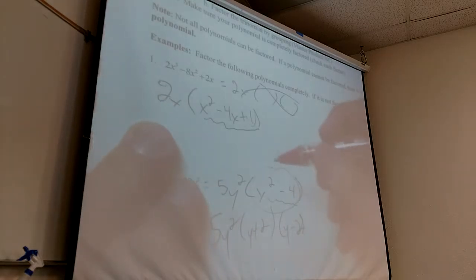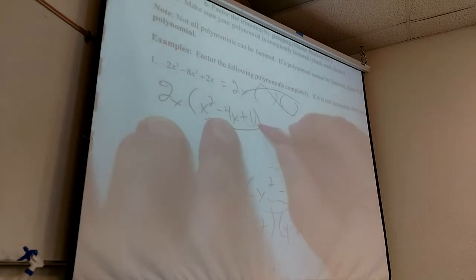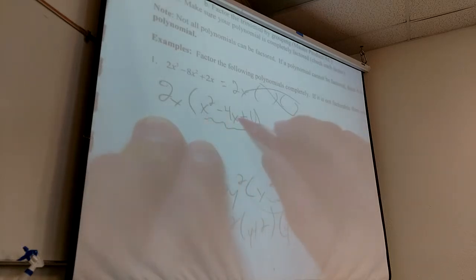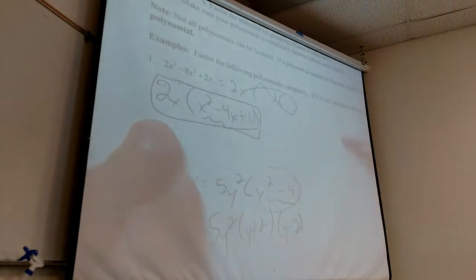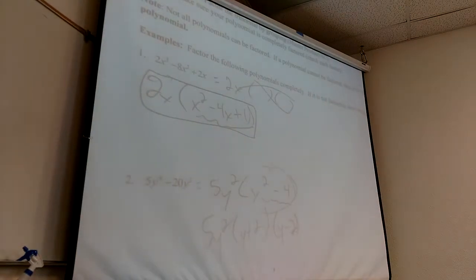That's Harry Potter level stuff. I mean, that's not going to happen. The only factors of 1 are 1 and 1. Can you make negative 4 out of that? Nope. So no, it's not prime. That piece is prime, but the problem wasn't prime. We took a 2x out. So see how very often GCF is the first step. Not always, but you always look for it to see what it's going to do for you.